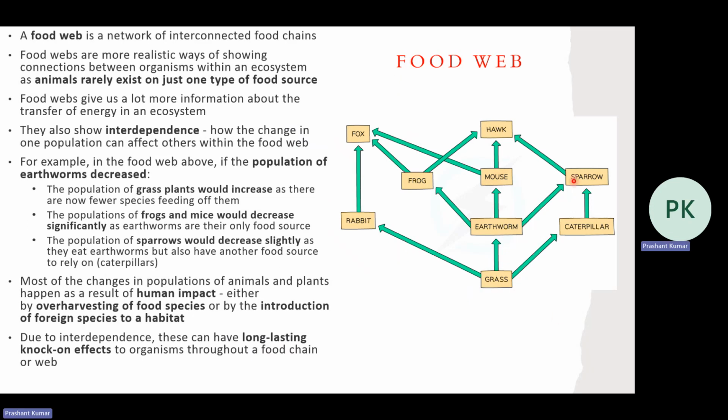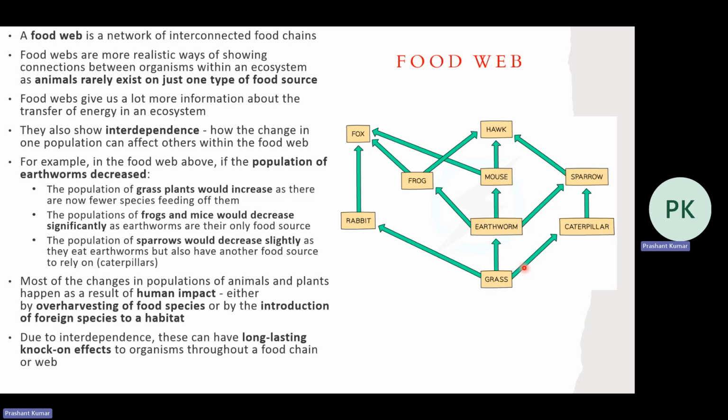In this diagram, you can see that the food web is, first of all, interconnected. There are so many food chains, and food webs are a more realistic way of showing interconnection between organisms within an ecosystem. Animals rarely exist on just one type of food source. There are always multiple sources.